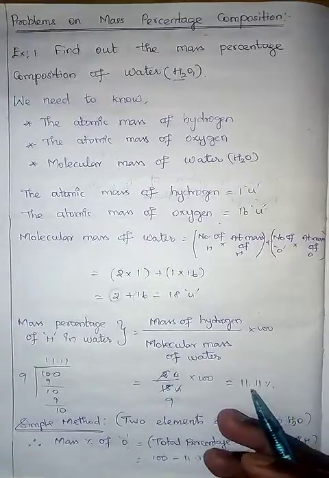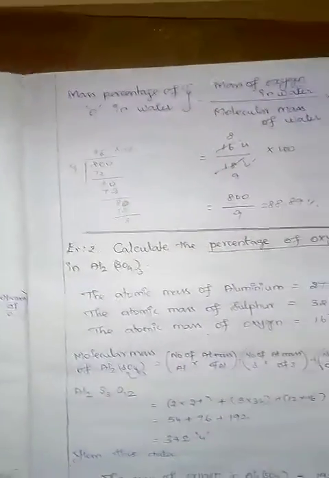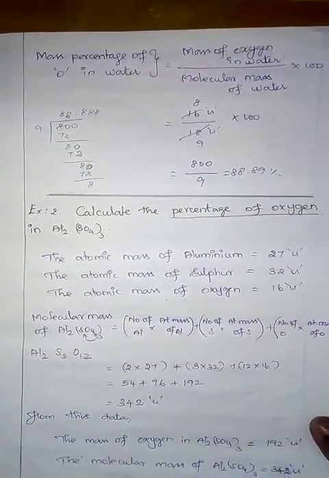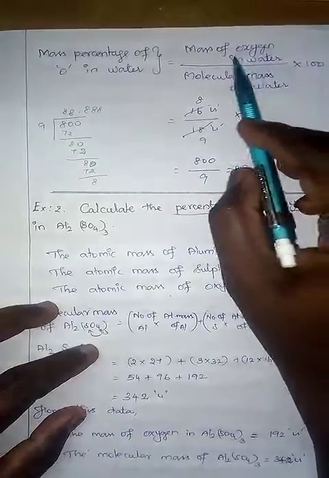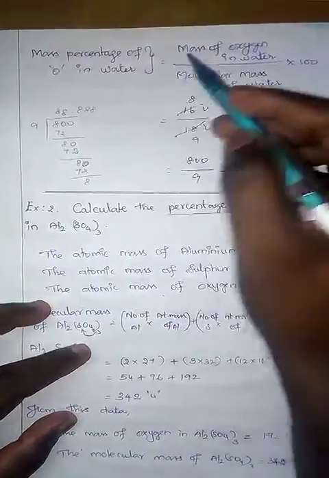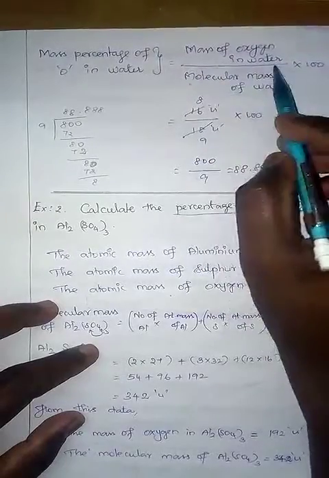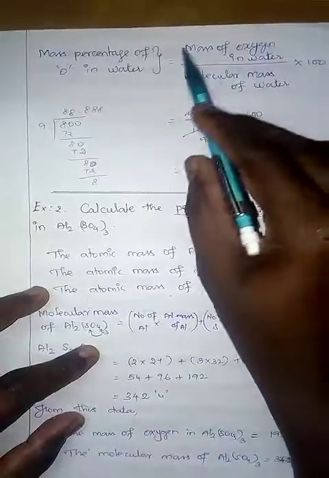I told you already there is a direct method to calculate. You can go for that. The direct method is this. The mass percentage of oxygen in water is equal to the mass of oxygen in water divided by the molecular mass of water into 100. So what is the mass of oxygen in water?